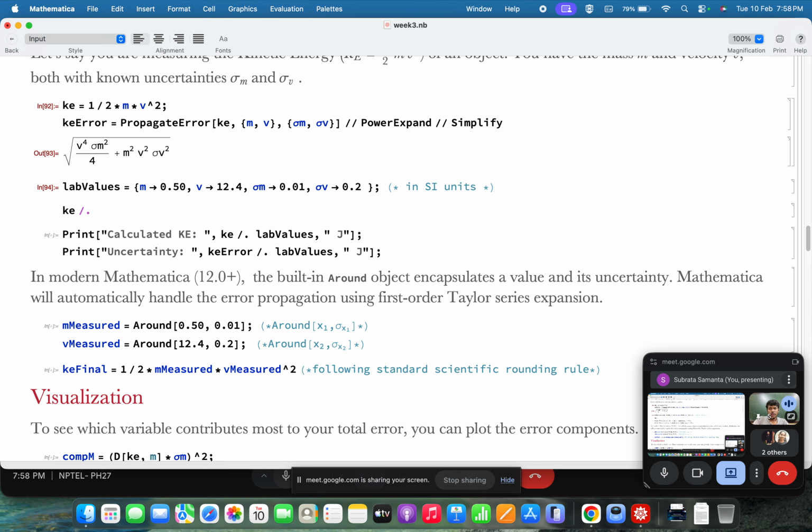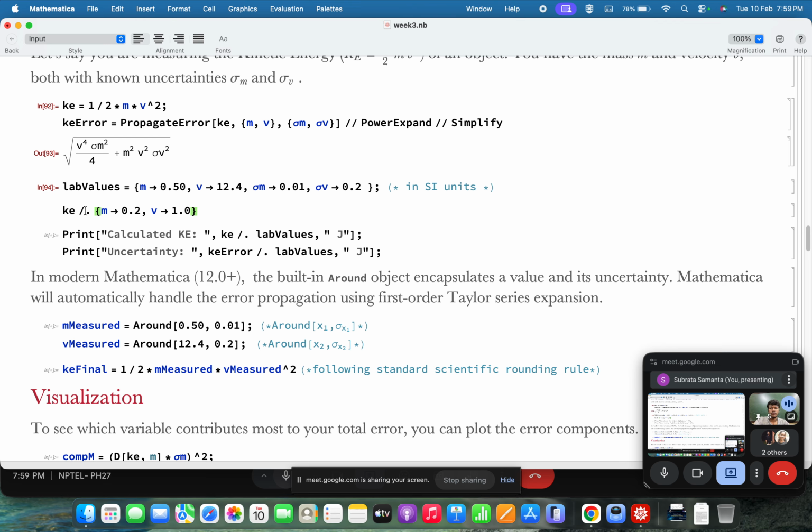So I calculate this value, let us say m tends to 0.2, v tends to 1.0, because I have two variables, m and v. So I just need these two. If you put any other variable here, it is not considered, because we only need two.